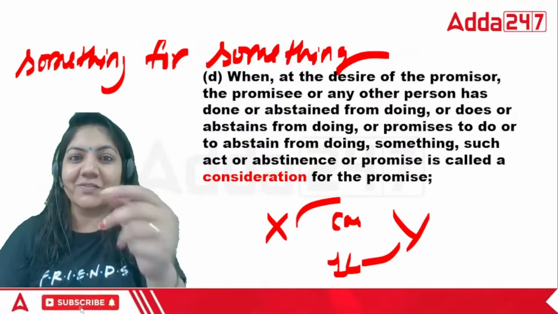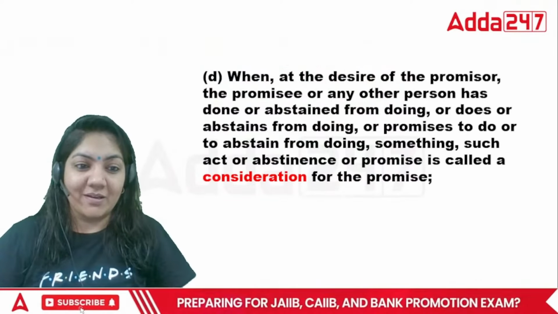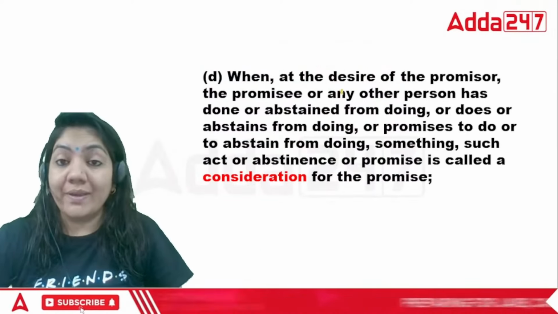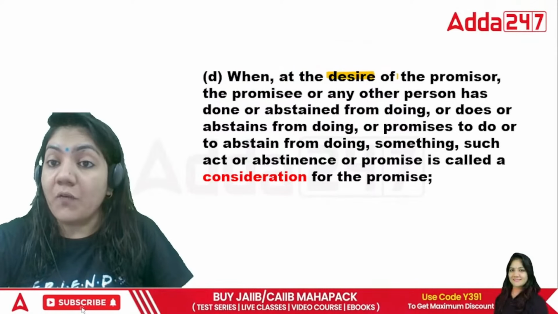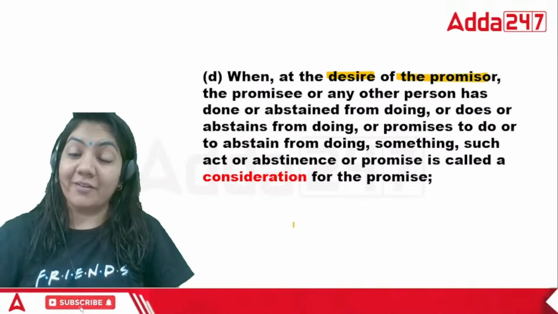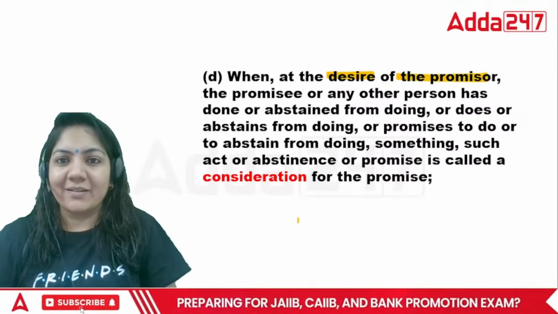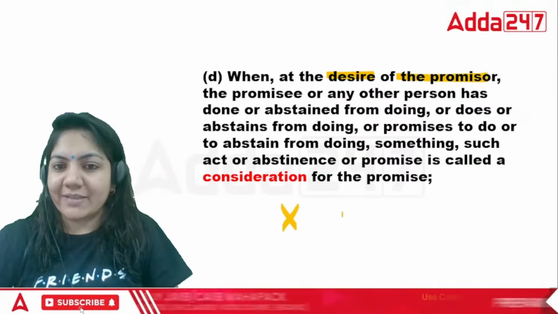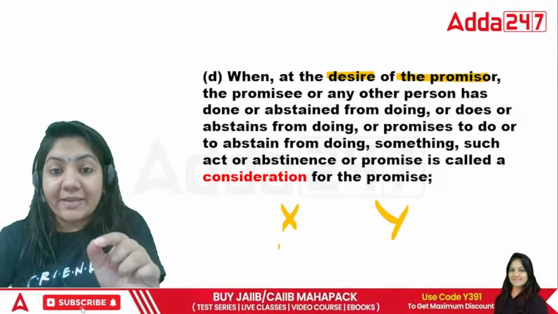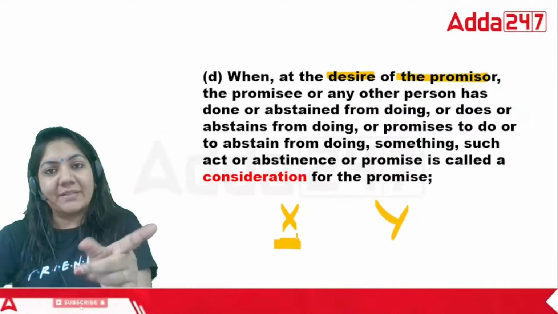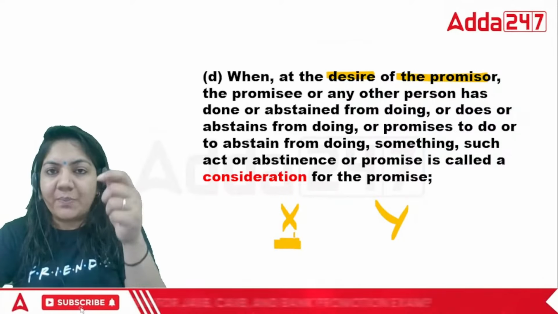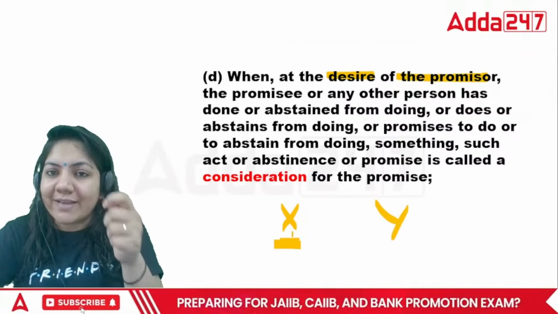But see, sir, the definition of consideration in the legal one. What is the legal definition of consideration? See, that is given at the desire of the promiser. Desire. What is desire? It's called a voluntary thing. Okay, X and Y. So, desire of promiser. See, X wants to sell his car. So the price of the car is decided by the class?